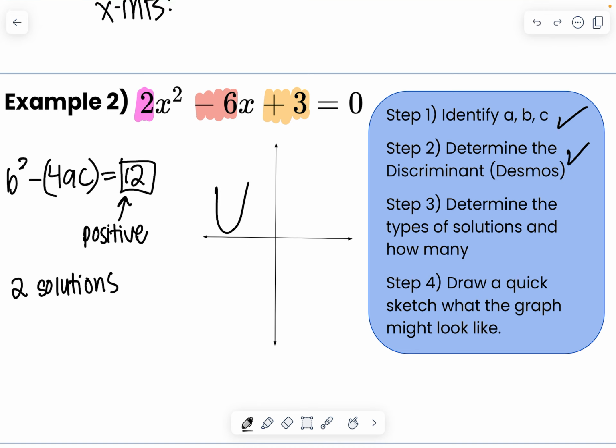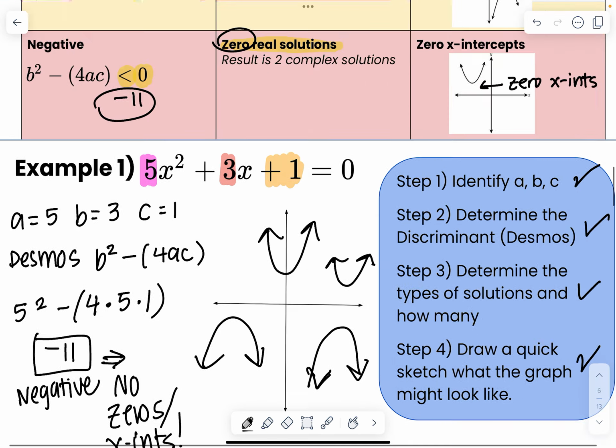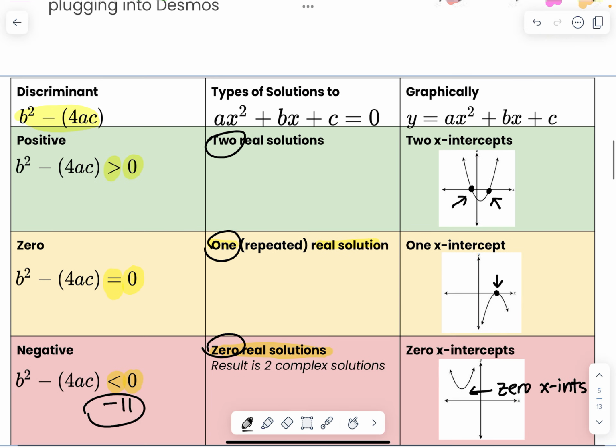It could be like this. It could be like this. Until I actually solve, I won't know exactly how it's involved, right? But I do know that there will be 2 of them according to it being greater than 0, right? 12. That's something that's going to give me 2 real solutions.